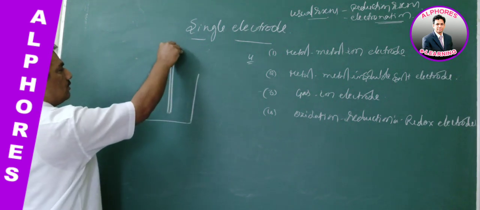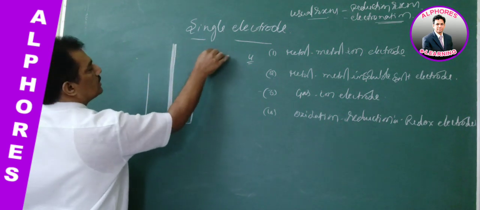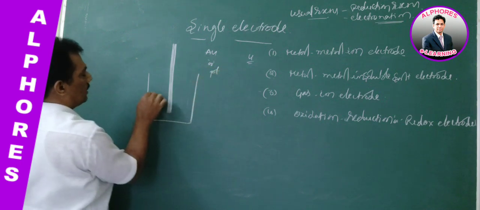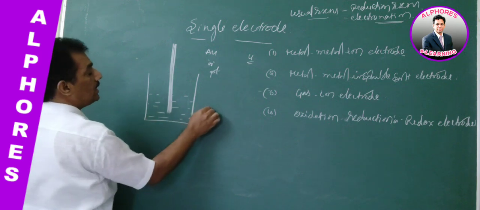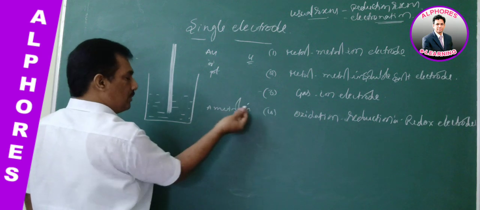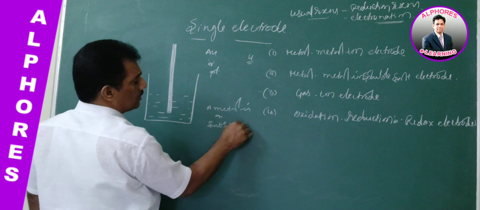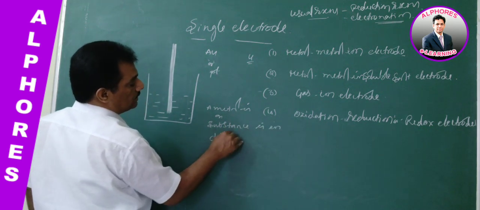But unlike the glass hood, we need not maintain any glass hood, but the metal rod is inert and it is in contact with an electrolyte solution in which a metal, or any substance, you can consider not only metal, any substance, is in different oxidation states.